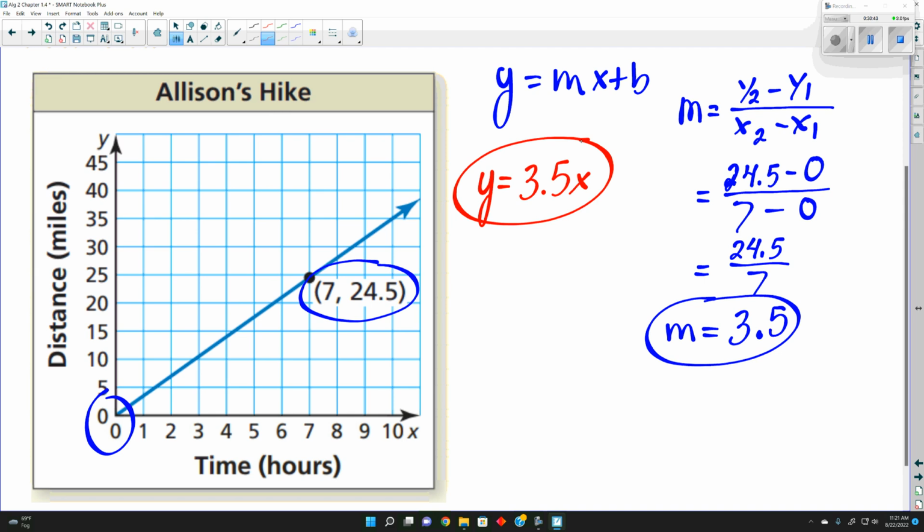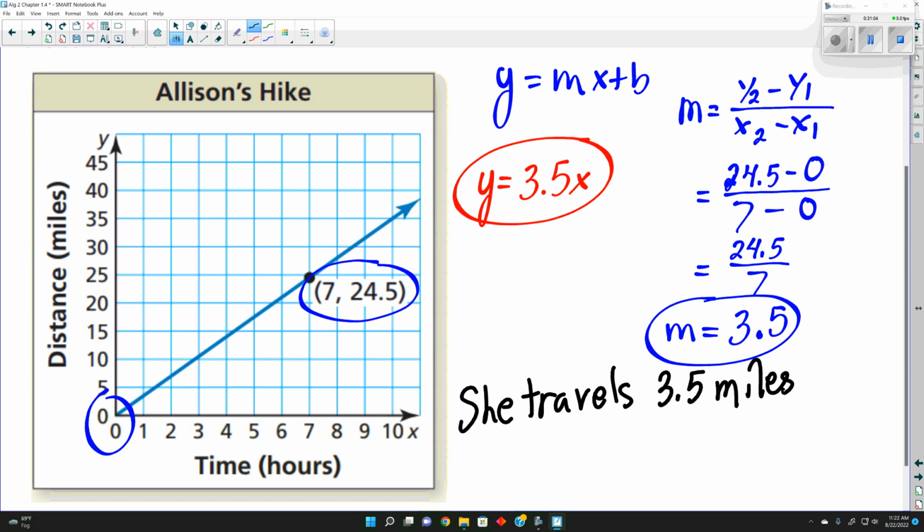So how far is she traveling in 1 hour? Yeah. If we want to interpret the slope, that's one way we can do it. We can say she travels 3.5 miles every hour.